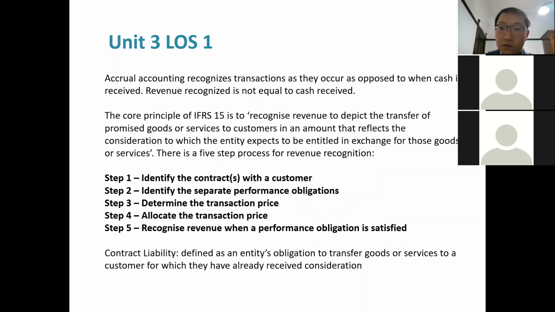So then for Unit 3, which is all about revenue recognition, and this comes from the main standard here, IFRS 15. One of the areas that most candidates have some difficulty with is step 3 of the 5-step revenue recognition process.